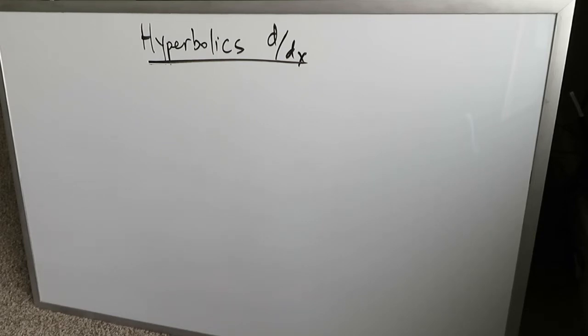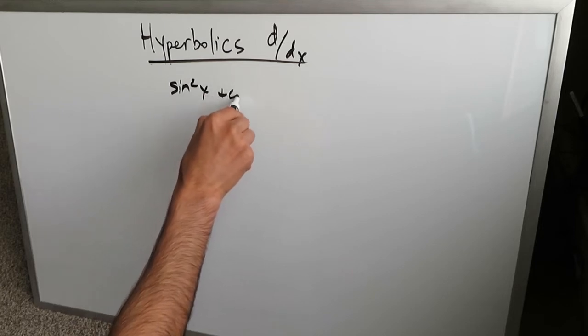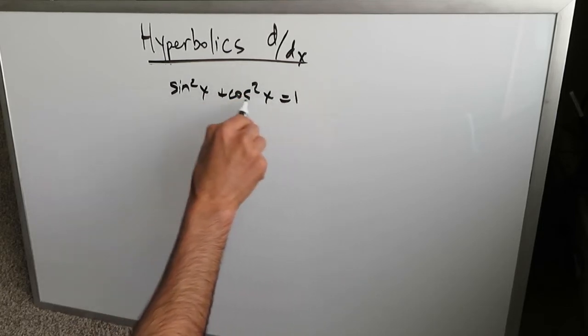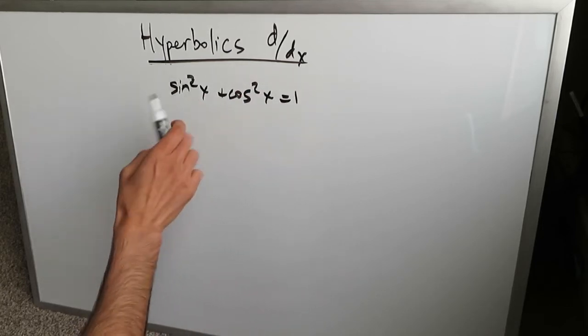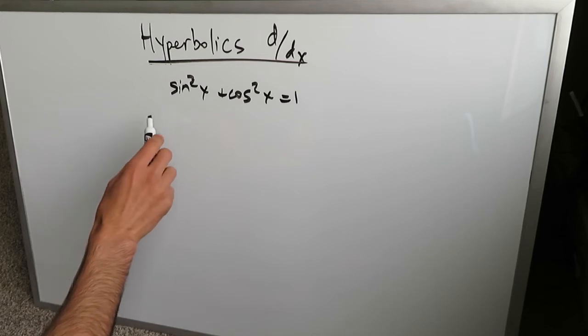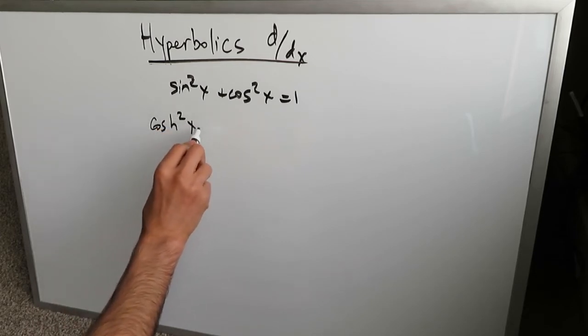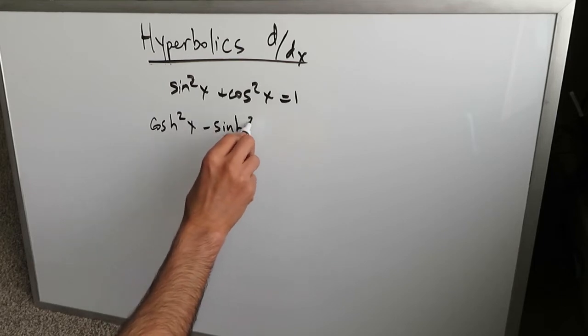If you remember clearly the Pythagorean identity for trigonometry, it was sine squared x plus cosine squared x is equal to 1. And this is an identity similar to this, which I brought up in yesterday's video about the hyperbolic and exponential derivatives. And that identity was this: hyperbolic cosine squared minus hyperbolic sine squared is equal to 1.